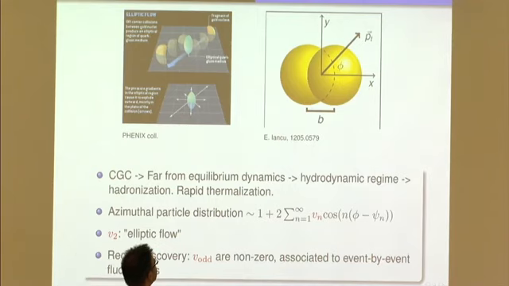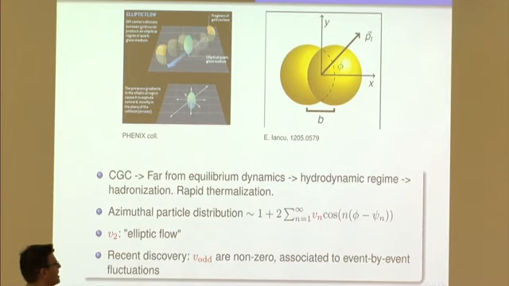There's this angle phi, the azimuthal angle, and in the experiments you look at the azimuthal particle distribution, which can be Fourier expanded in this angle phi.